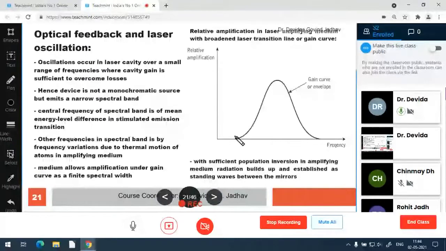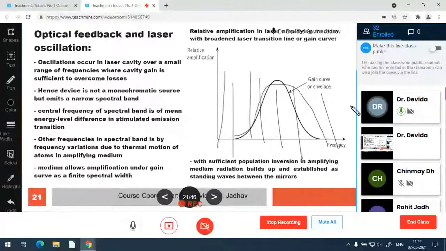So this is the gain curve, which indicates that all frequencies are possible as output frequencies, but only some frequencies are allowed and amplified or supported. So oscillations occur in the laser cavity over a small range of frequency.